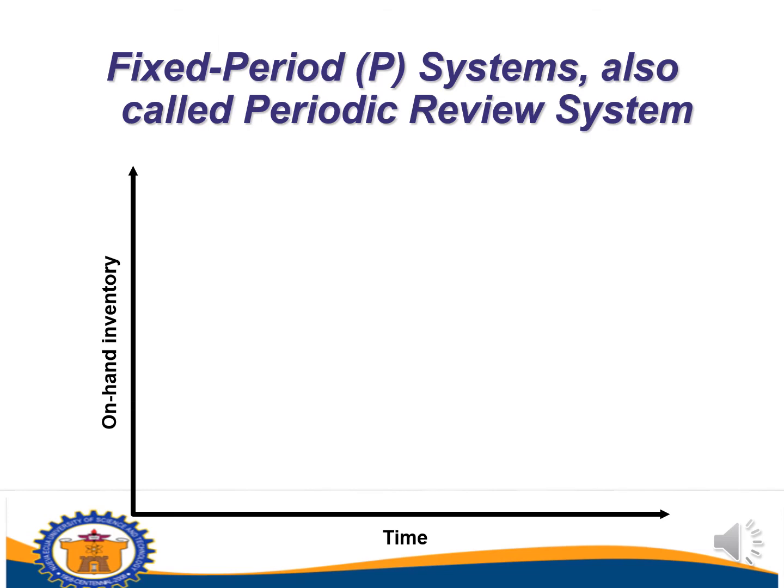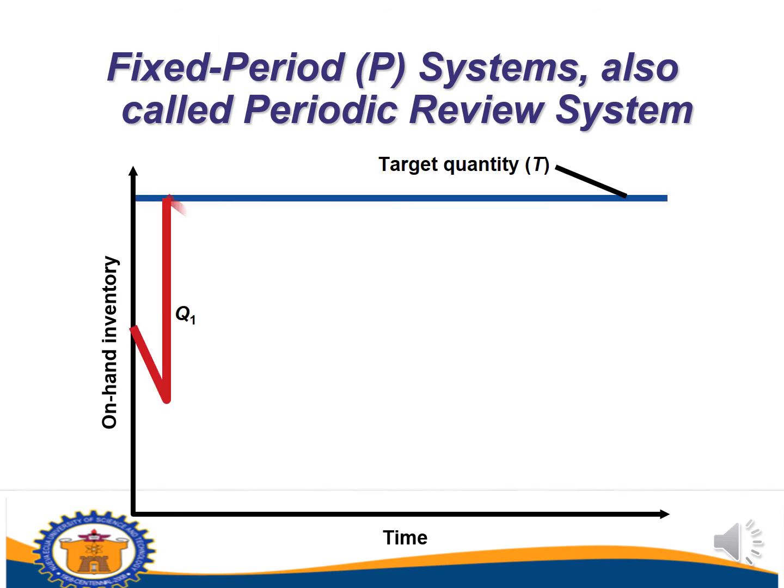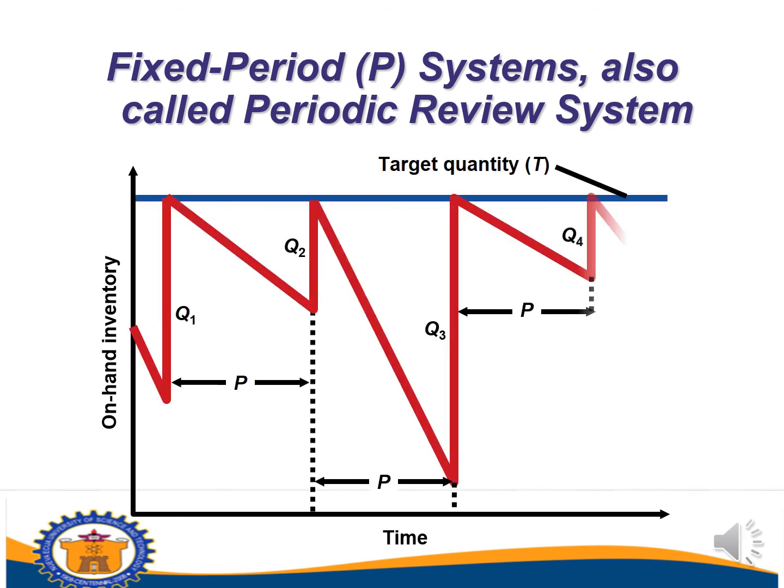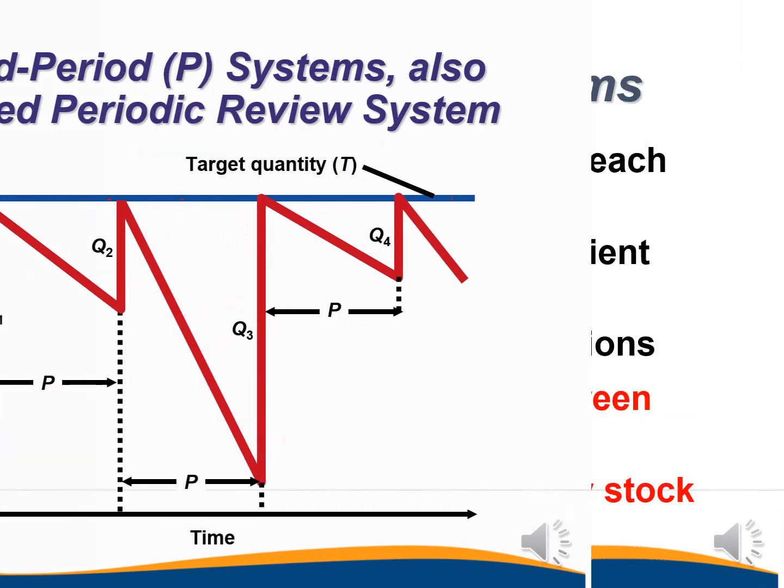Fixed period systems, also called periodic review systems. So the previous models are used to determine how much should be ordered whenever an order is placed. Fixed period systems are based on ordering for a fixed period. For example, on the same day each week, orders are placed to raise the inventory to a predetermined level based on ordering and holding costs and order lead times.